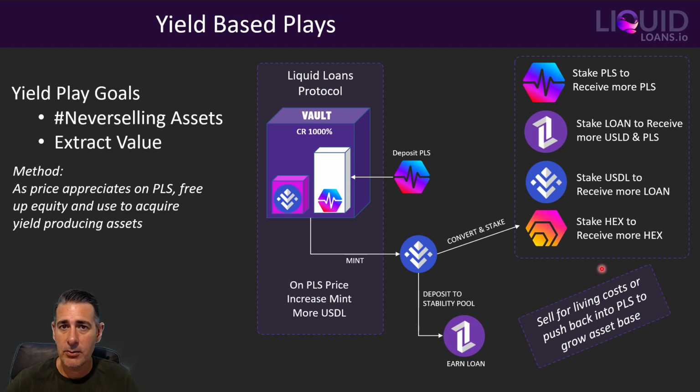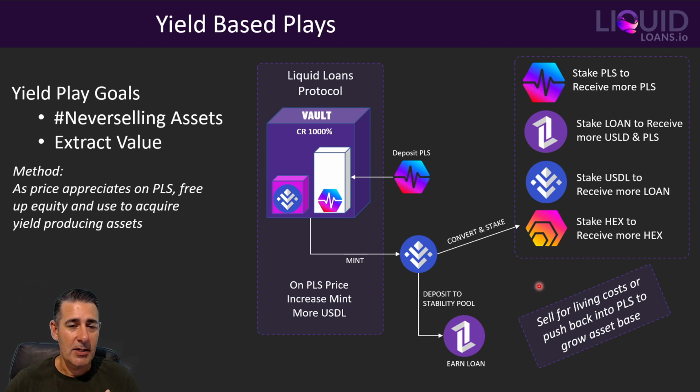Okay, like I said, that's different with PulseX because unless there's another way where we can eventually stake PulseX, its value is getting built into the token, but in order to extract it, you've got to sell a little bit of it. Okay, so that's why I haven't shown it here, because it does act a little bit differently to these other four tokens. These are all yield-bearing assets that mean you don't have to sell the original asset that you hold.